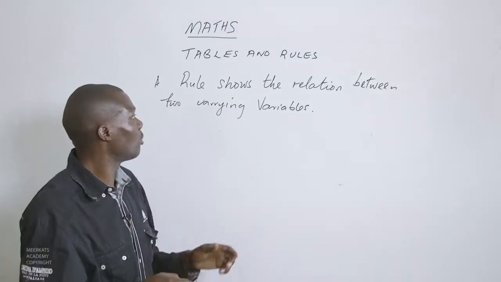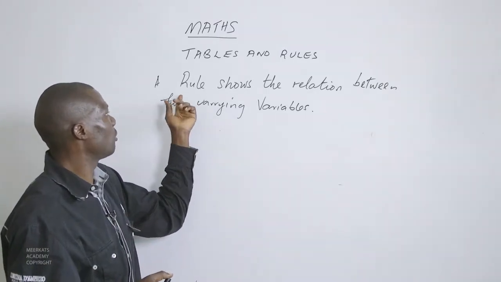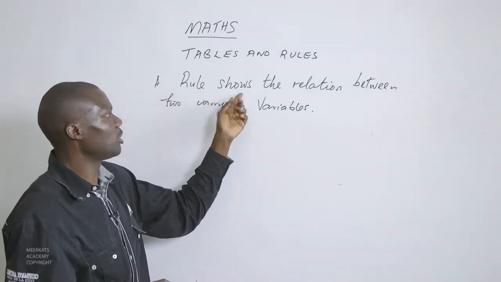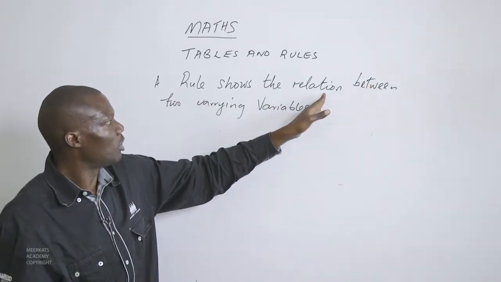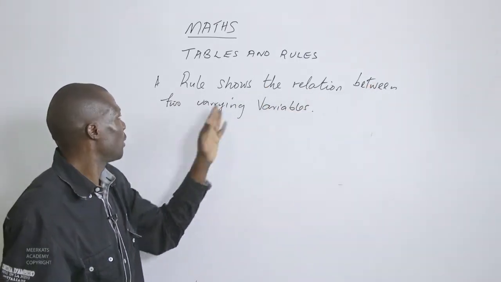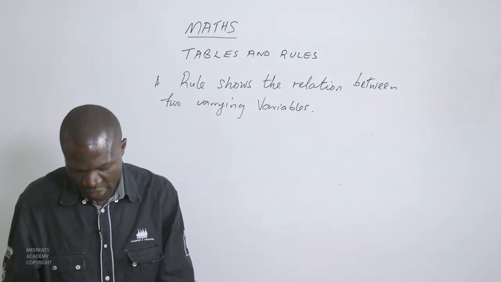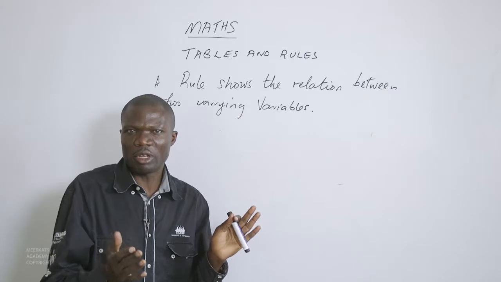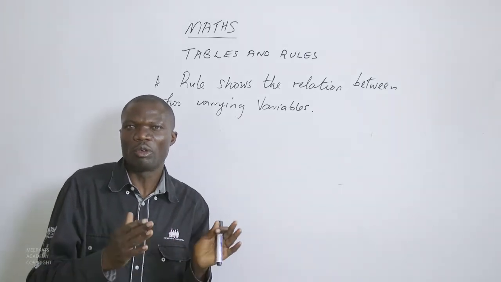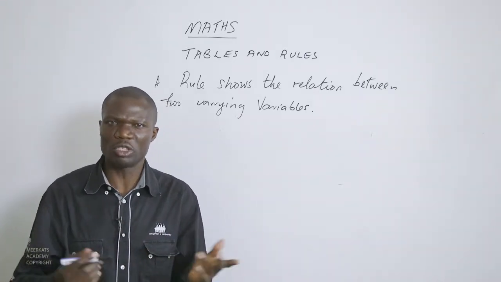The table we are talking about has a rule, and the rule shows the relationship between 2 varying variables. In the example we went through, we had input and output. Those are variables.